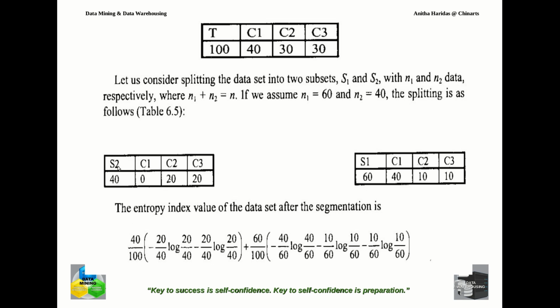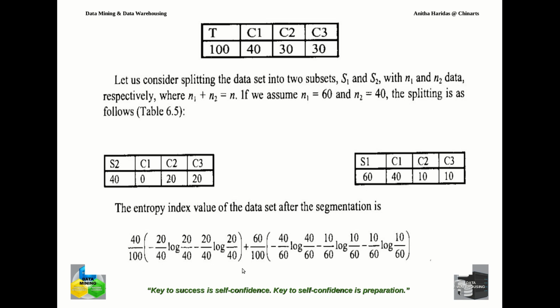Out of 40 records, how many are in class 1, class 2, class 3, and out of 60 records, how many are in class 1, class 2, class 3. So this gives you the entropy value of the data set after the segmentation, that means after splitting the data on the non-class attribute X. So this will be the value.